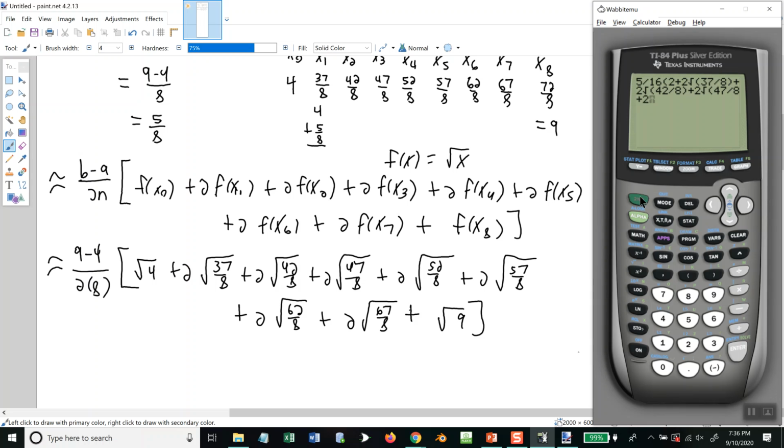Plus 2 square root of 52 over 8. Plus 2 square root of 57 over 8, plus 2 square root of 62 over 8, plus 2 square root of 67 over 8, plus 3.